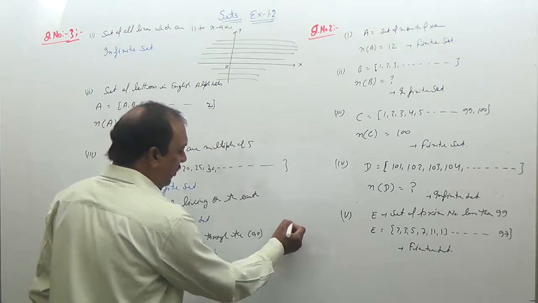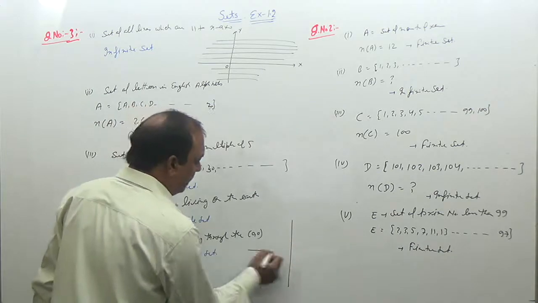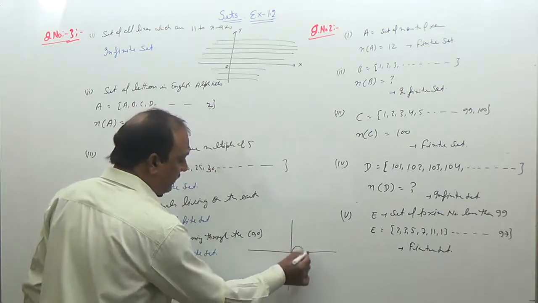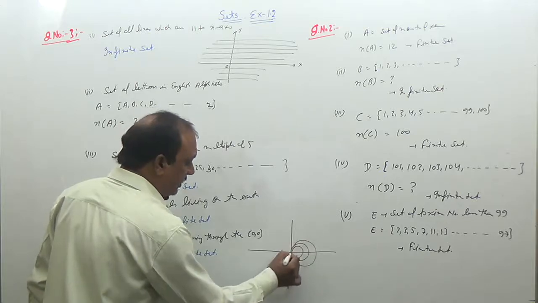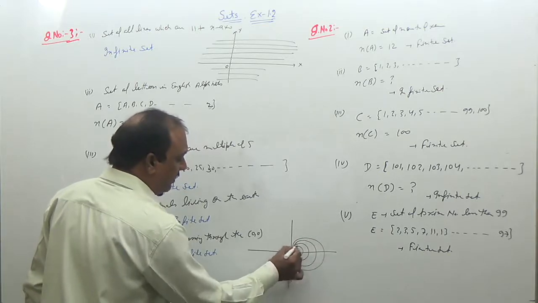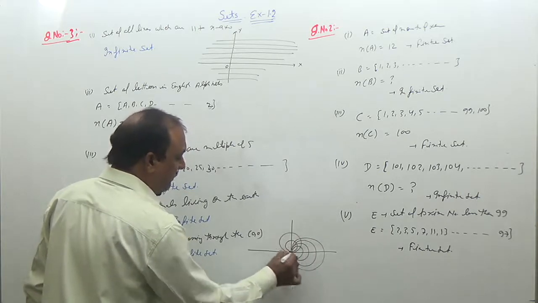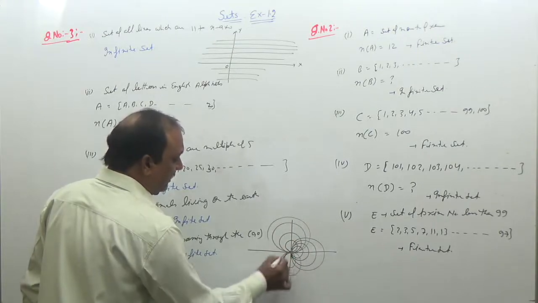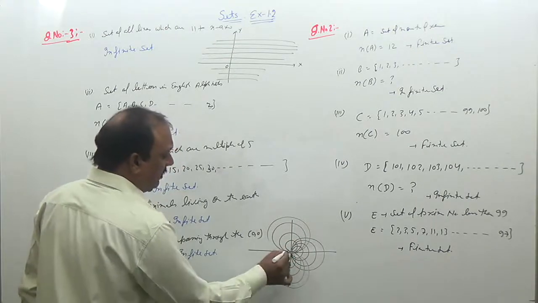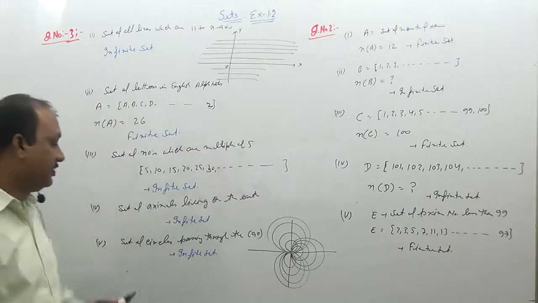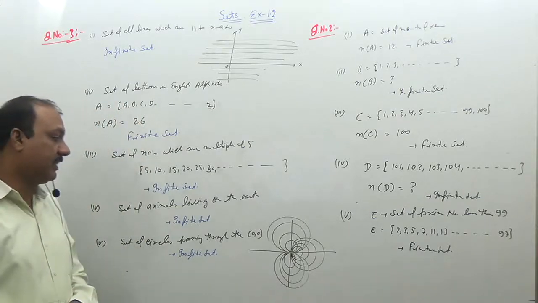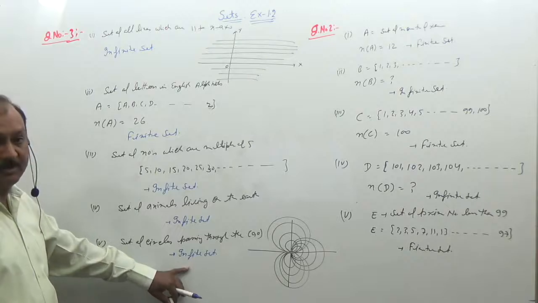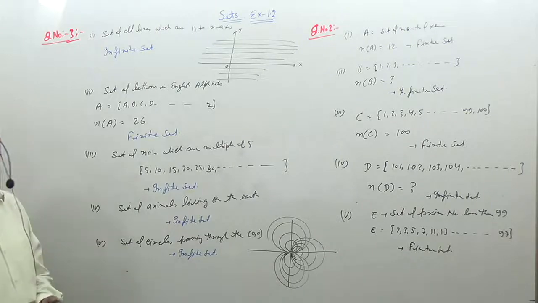Because we can draw a large number of circles which are passing through the origin. That is first circle, second circle, third circle, fourth circle, fifth circle, and so on. एक सर्कल ये हो सकता है. तो these are all circles which are passing through the origin. So we cannot count them. So there are infinite elements of this set. So this set is called an infinite set.